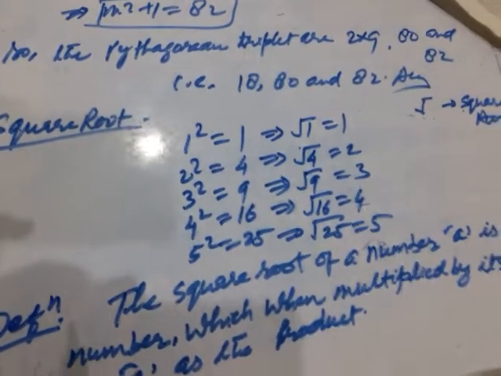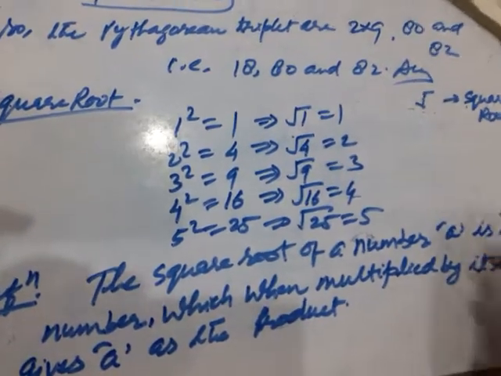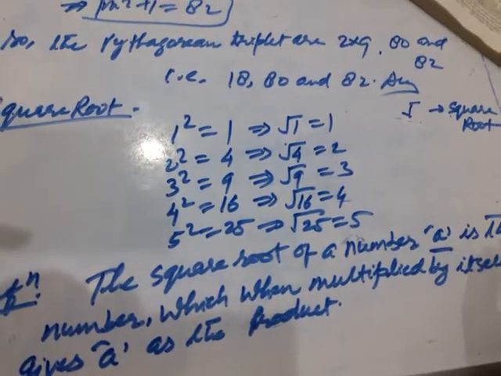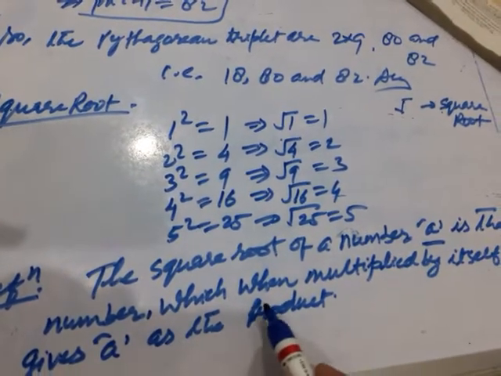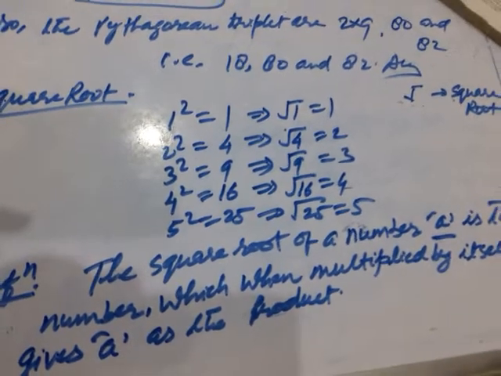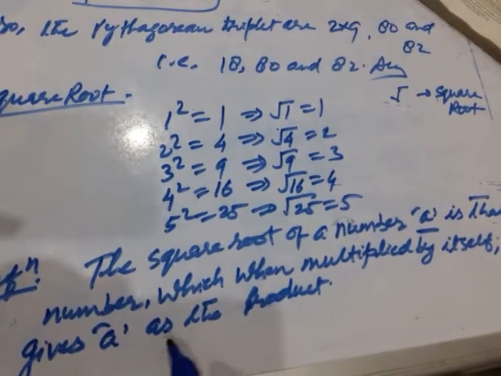Children, did you understand? The square root of a number A, let A be a particular number, is that number which when multiplied by itself, clear, gives A as the product.